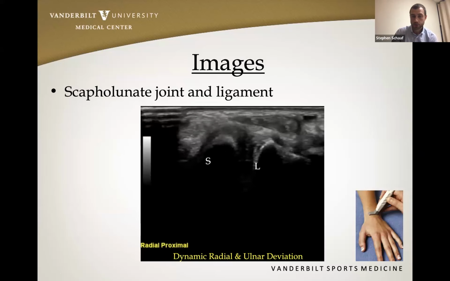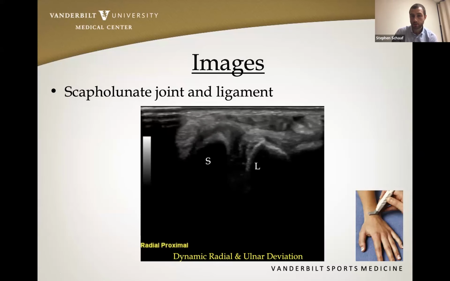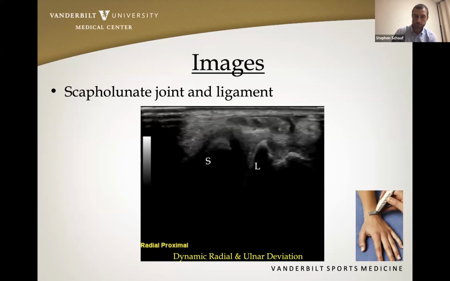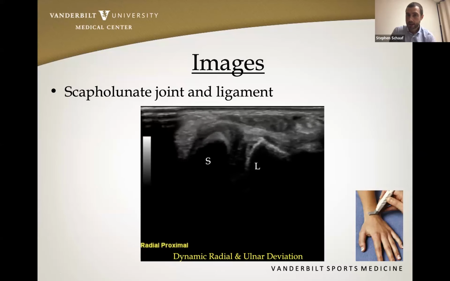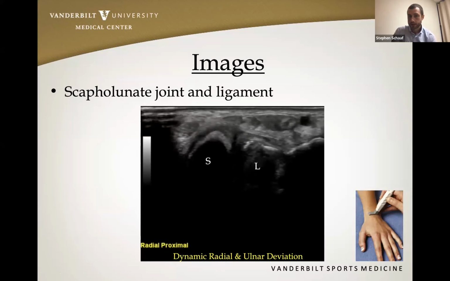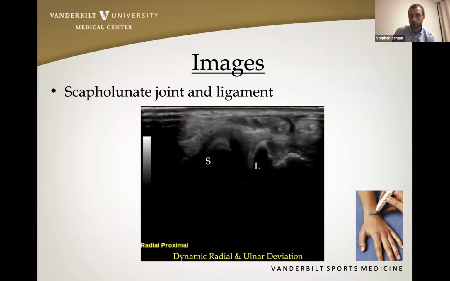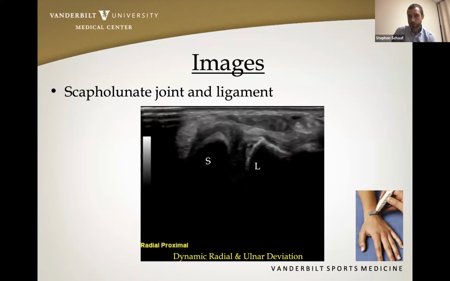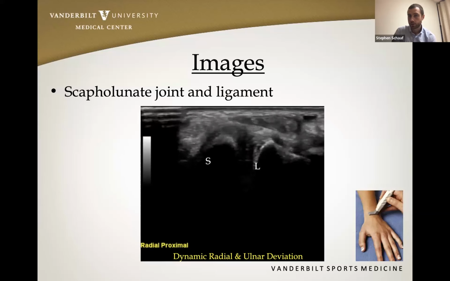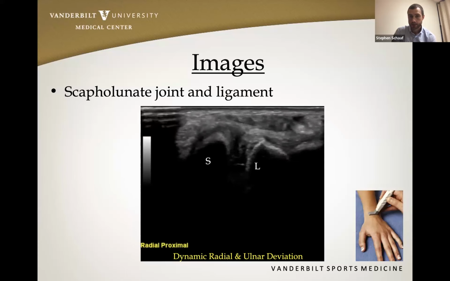For the scapholunate joint, the ones that typically are performed are either radial and ulnar deviation, a clench fist, or a pencil grip view. I will say in my experience scanning a lot of these wrists now, I prefer doing the radial and ulnar deviation. It just really gives you great control of the wrist, and I think it really puts the most stress on this region.